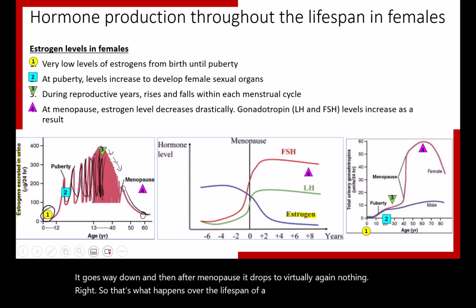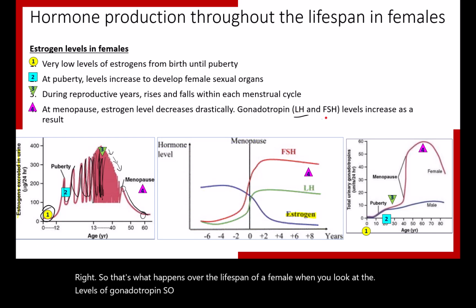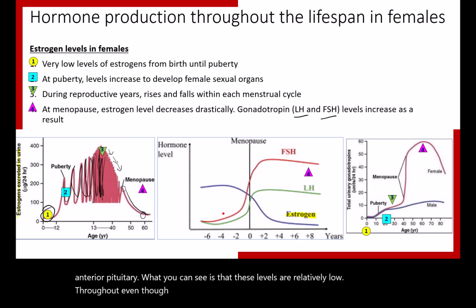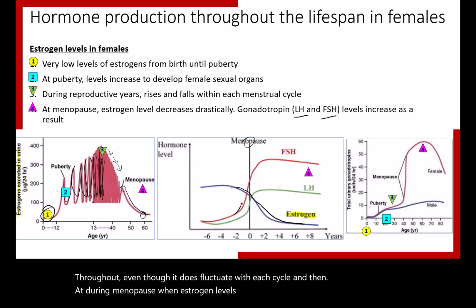When you look at the levels of gonadotrophins, so gonadotrophins are LH and FSH that's produced by the anterior pituitary, what you can see is that these levels are relatively low throughout, even though it does fluctuate with each cycle. And then during menopause, when estrogen levels drop, then FSH and LH levels increase.